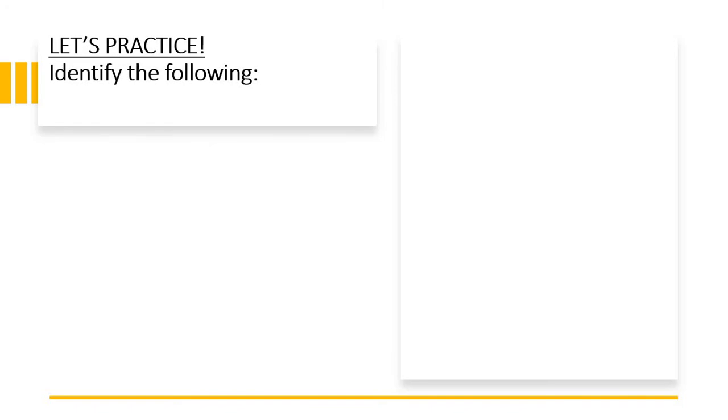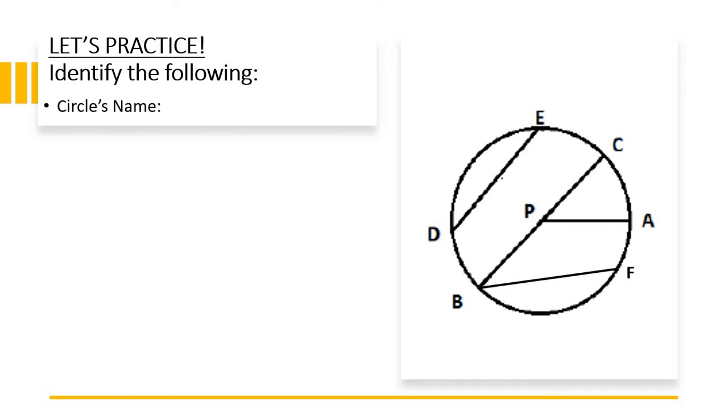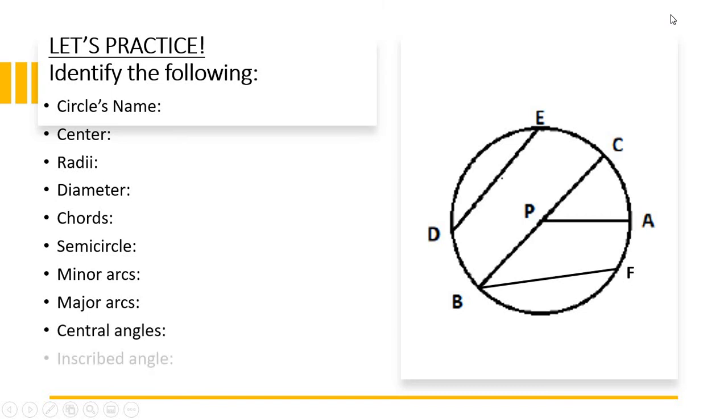Now, let's apply what you have learned. Let's identify the following using this figure. What is the name of this circle? Circle P, diba? Kasi nga, ang name ng isang circle ay naka-based sa kung ano yung kanyang center.